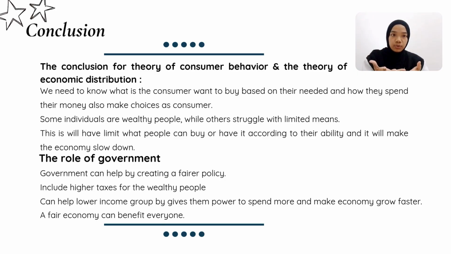So what can the government do? The government maybe can help by creating a fairer policy. For example, the government can impose higher taxes on wealthy people. This way can help the lower income group by giving them power to spend more money and make the economy grow faster.